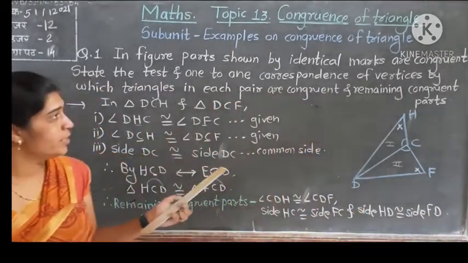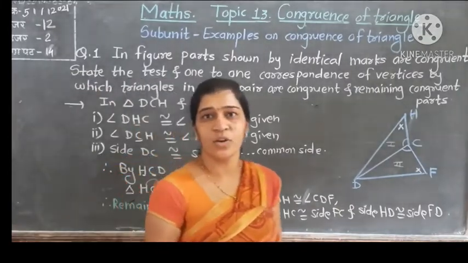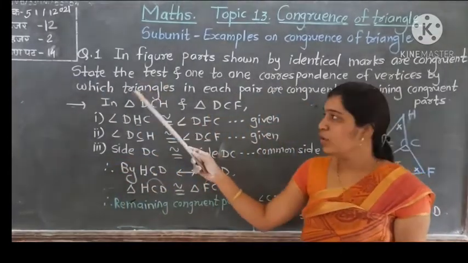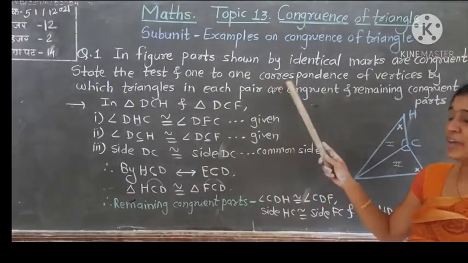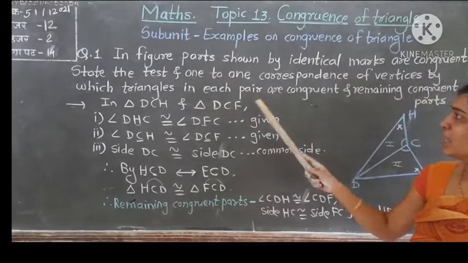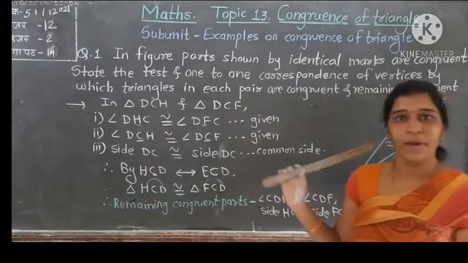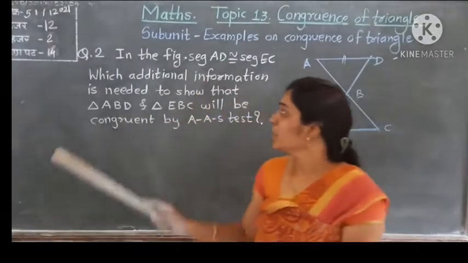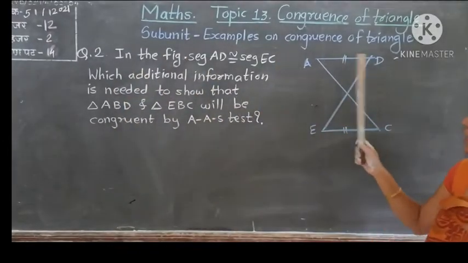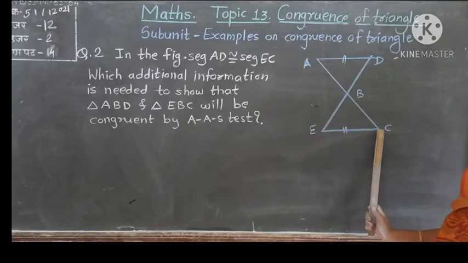Okay. In this question we saw on which test the two triangles are congruent. Also we wrote the one-to-one correspondence and also the remaining congruent parts. Now see the last question. In the figure, segment AD is congruent with segment AC.